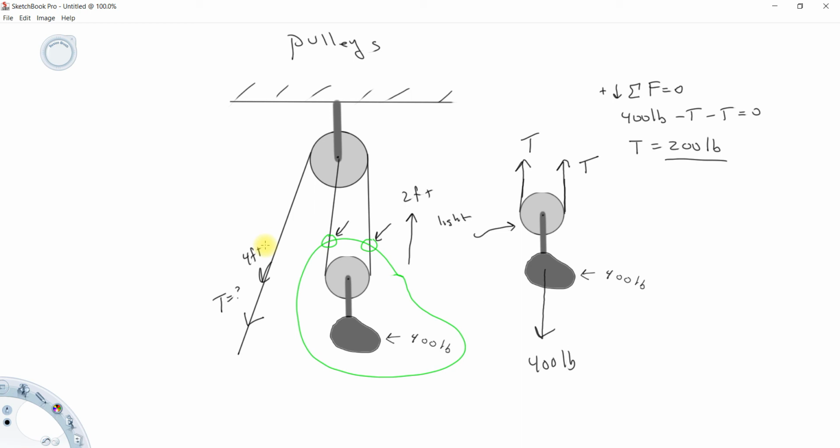So before I go, this video is getting kind of long, I just want to bring up one more example picture here having to do with analyzing pulleys.